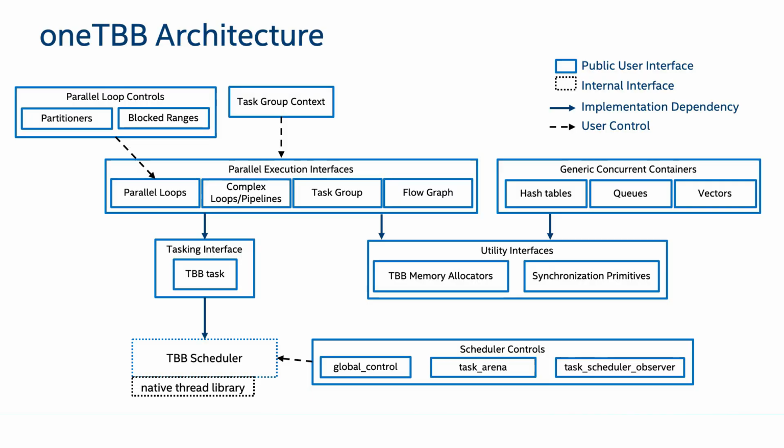So TBB is a collection of building blocks that can be used to create scalable threaded applications. And it's a C++ library. So it has high-level parallel execution interfaces like parallel loops, pipelines, task groups, and a flow graph API which lets you express data flow and dependency graphs.